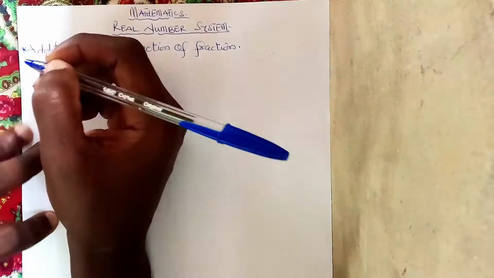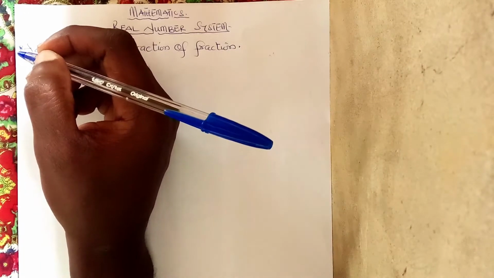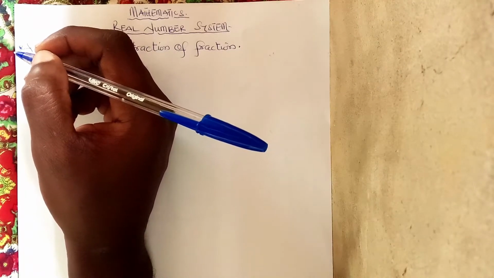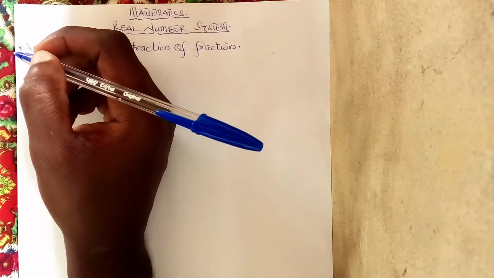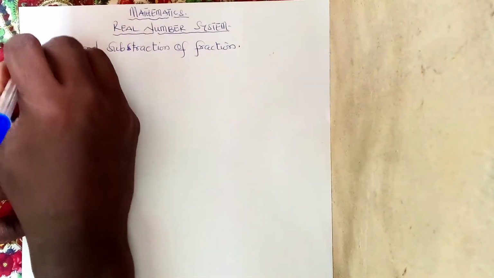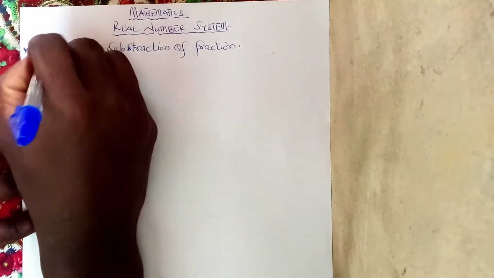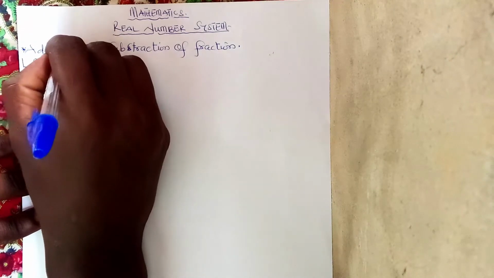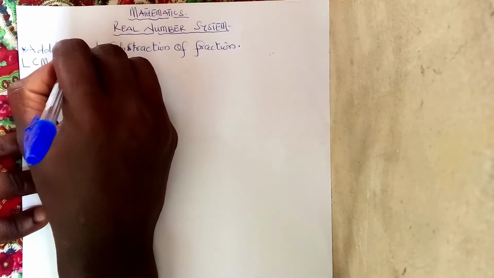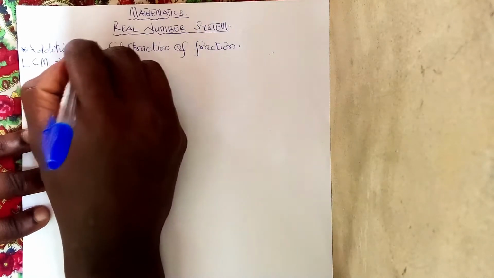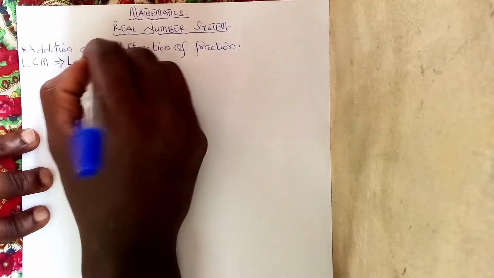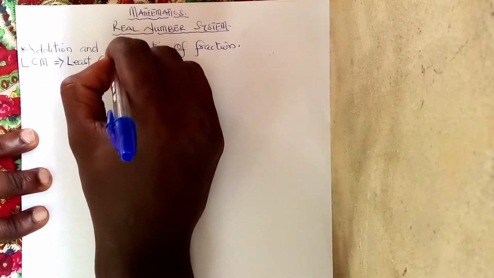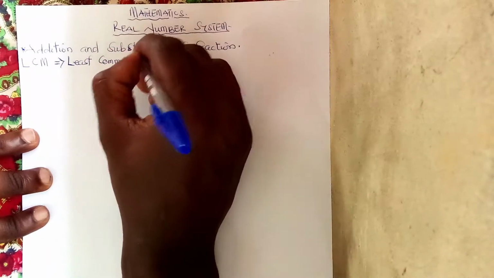With addition and subtraction of fractions, one thing we have to know is LCM. That's the abbreviated form of least common multiple.